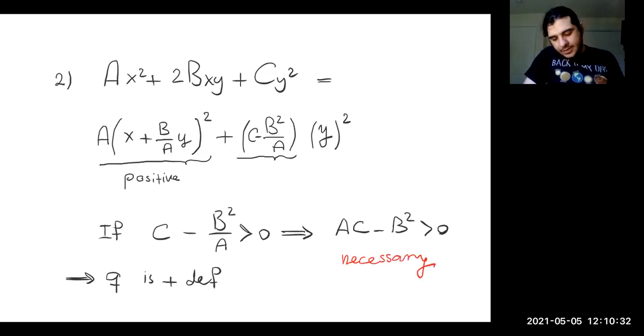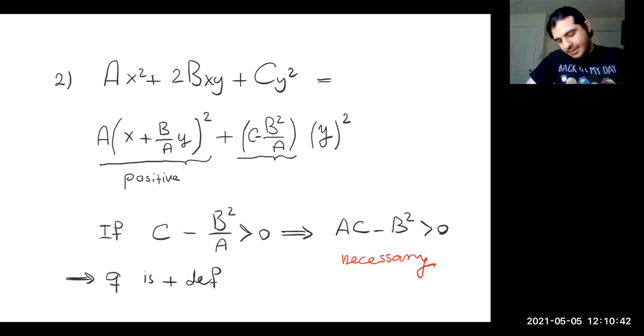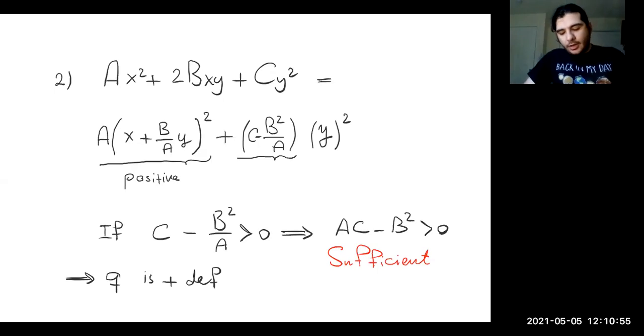Is it also sufficient? Sorry, let's see. Is it sufficient or necessary? It is actually sufficient, sorry, so let me rewrite it. So this is sufficient. Because if we have this thing positive, we know this thing is positive, therefore Q of x and y would be positive.